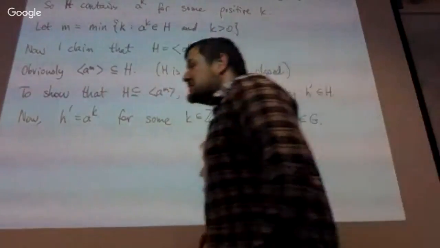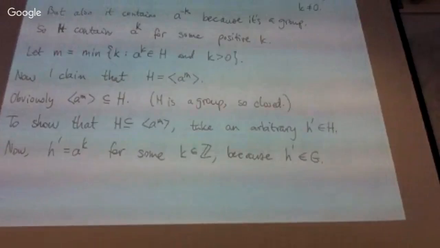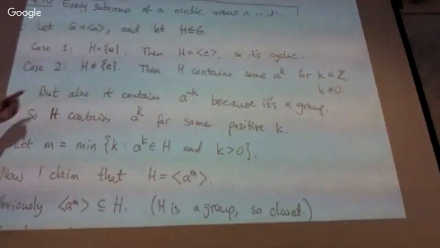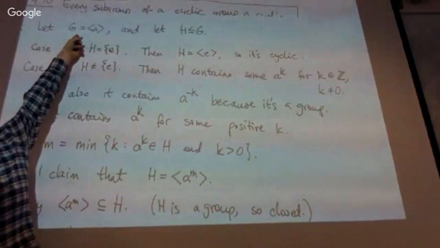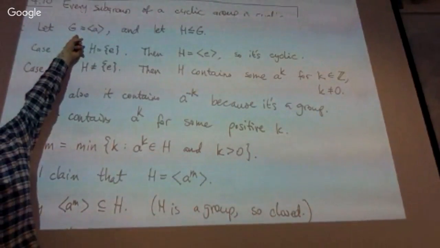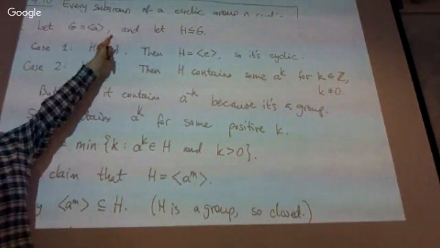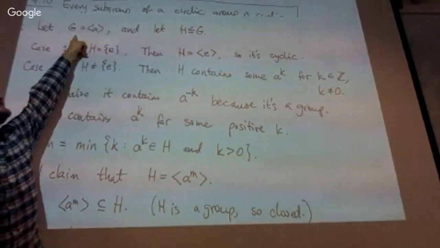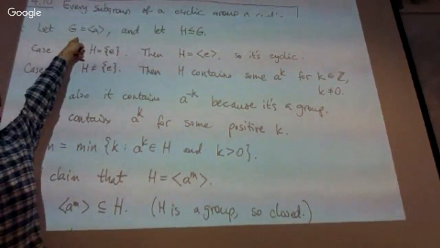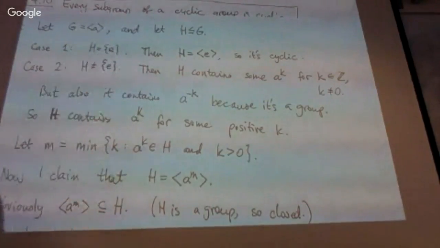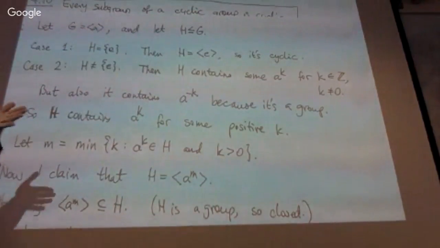G is the group generated by a, which means that every element of G is some power of a. That is the definition of these brackets. And because h dash is in G, it has to be some power of a. Okay?